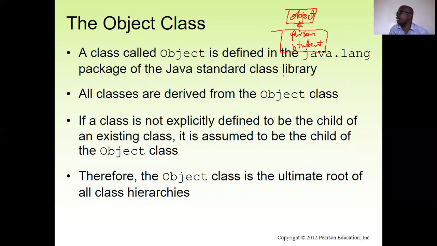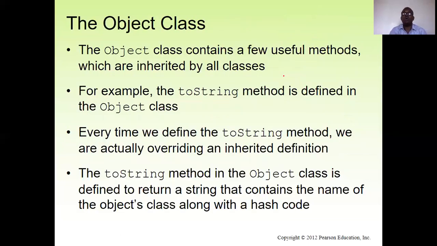All it is saying is that any class will do, because any class you can write, including the Object class, is going to be an instance of the Object class, or is an Object. So the Object class is the ultimate root of all class hierarchies.